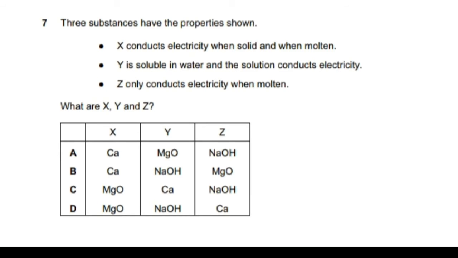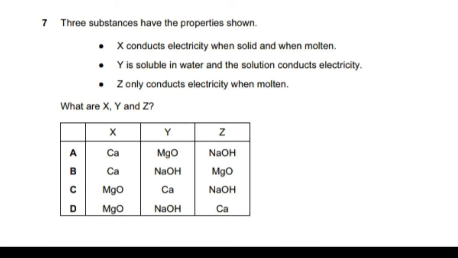Question number 7. Three statements are given below. First statement, substance X conducts electricity when solid and molten. In the solid state and also the molten state, substance X passes electricity. What type of substance passes electricity in both solid and molten states? A metal like calcium.